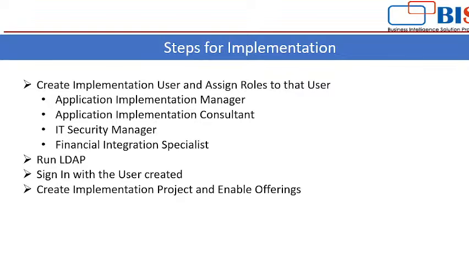First we have to provide the Application Implementation Manager role to the user. It is used to manage implementation projects and assign implementation tasks. Then we have to provide the Application Implementation Consultant role. It is used to access all setup tasks.